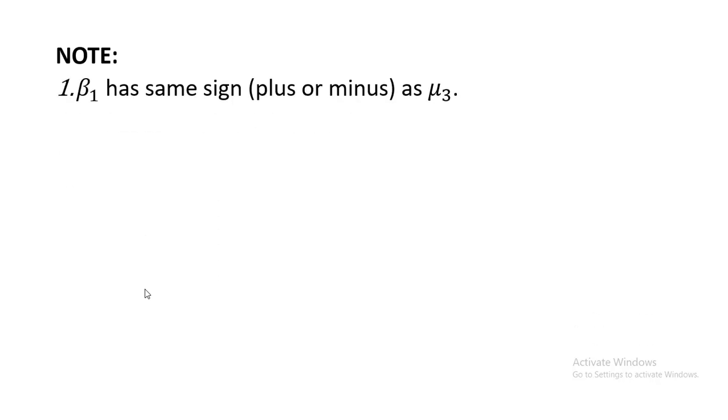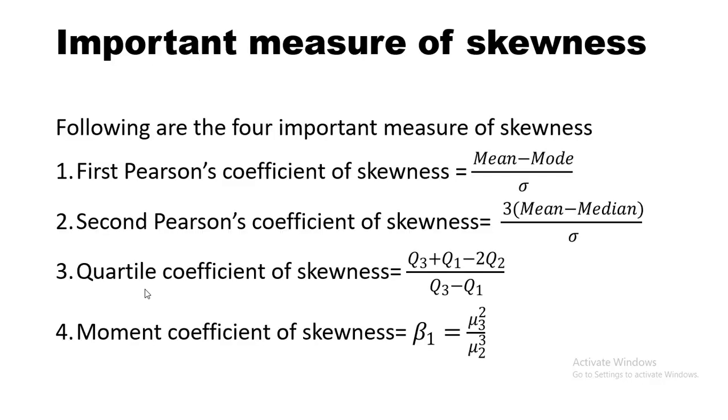There is something you need to know before starting with an example: beta 1 always has the same sign, plus or minus, as mu3. Because beta 1 decides the moment coefficient of skewness, it should have the same sign as mu3, because if you look at the formula for beta 1 here, it has the same sign as mu3.